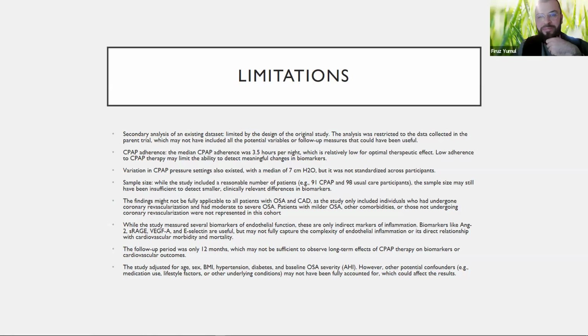But it also appeared that besides the lung markers, the inflammatory markers of the endothelium also increased with CPAP pressures higher than 7. Whether that's related to, I'm not sure how.